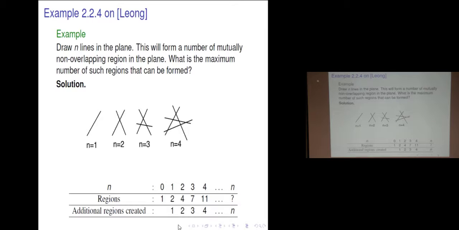So I create 3 new regions. And then you can see for 4, you cross 3 lines, right? Do the same. Before you hit the first line, one region; between 1 and 2, another; 2 and 3, another; and after 3, another. So if you have 4 lines, you create 4 new regions. Okay? So now the total number of regions, you just add everything up. Right? So is this okay?